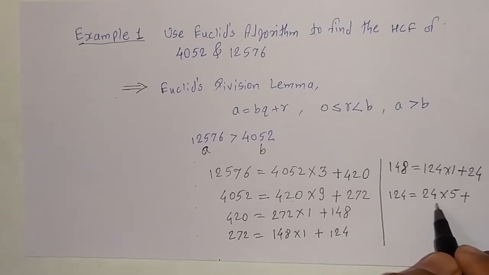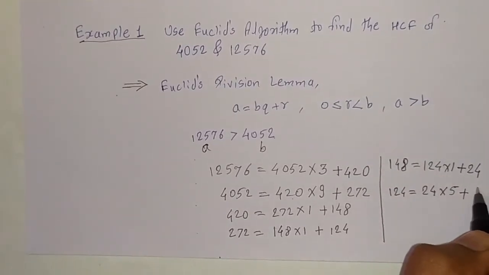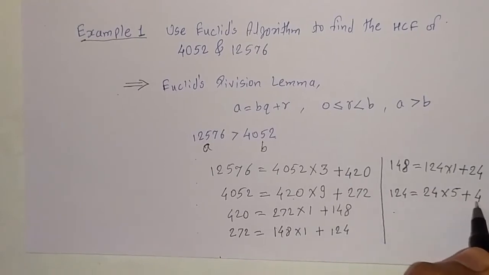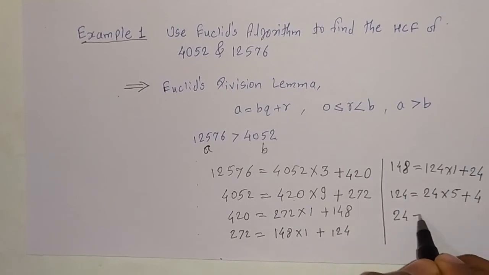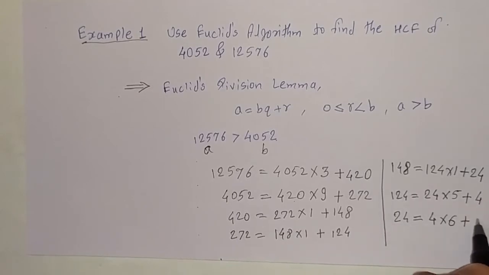The remainder that you will be getting in this case will be 4. So still the remainder is 4. So in the next step the divisor will be the dividend. 24 equal to the remainder 4 as divisor into quotient 6. Why? 6 into 4, 24. 6 plus remainder will be 0.